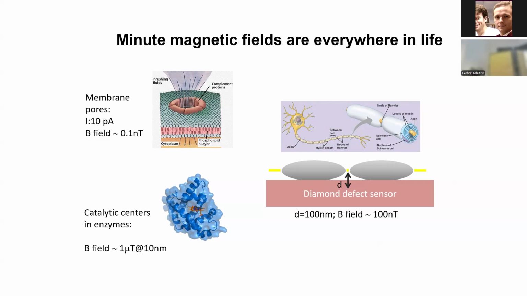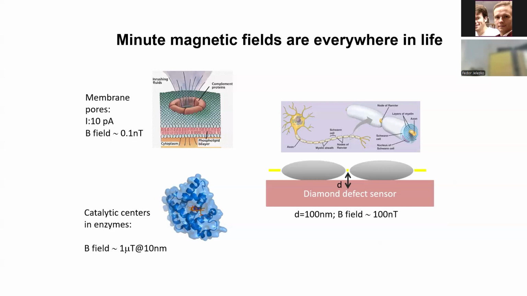Biomolecules undergoing chemical reactions usually use catalytic centers and enzymes, and those have unpaired electron spins producing, at 10 nanometer standoff distance, a field of about a microtesla. There is also effort to detect the action of neurons using NV center magnetometers.